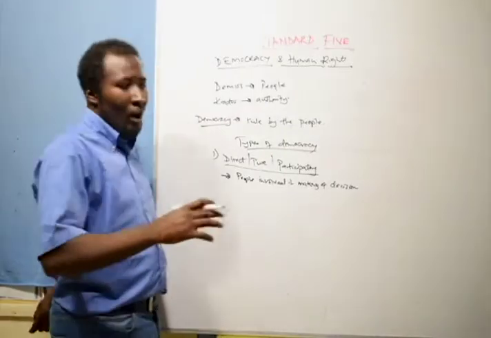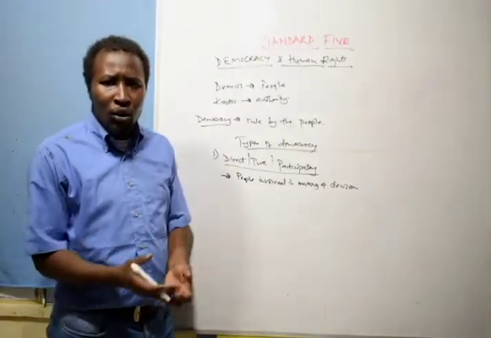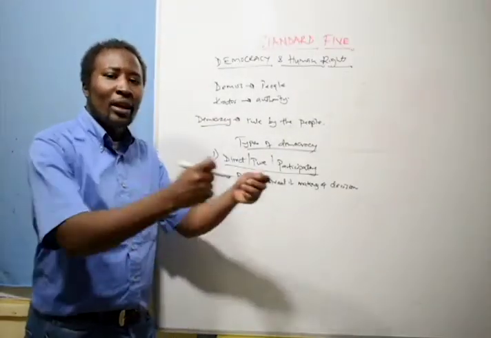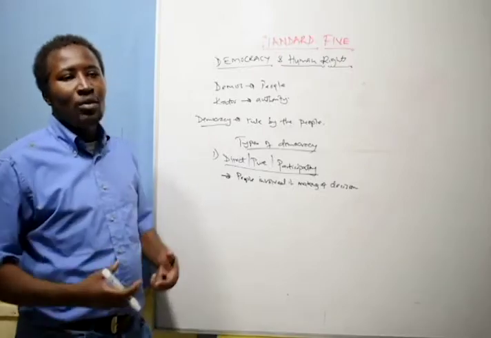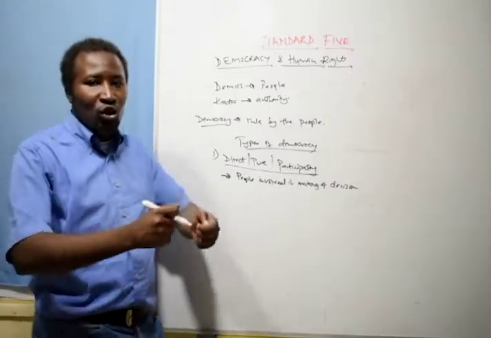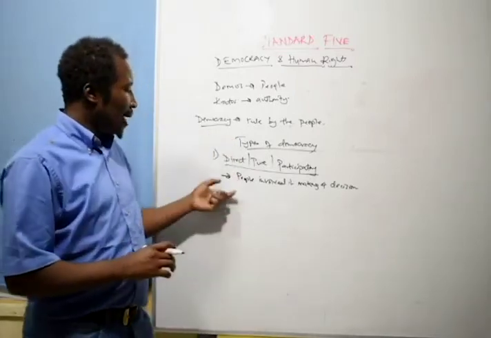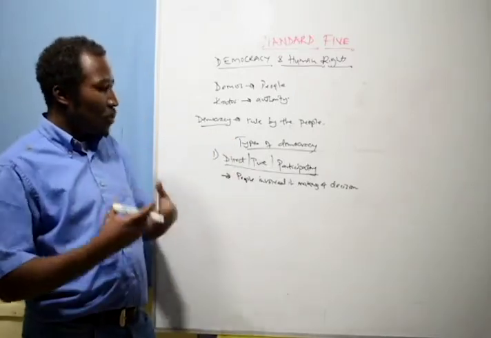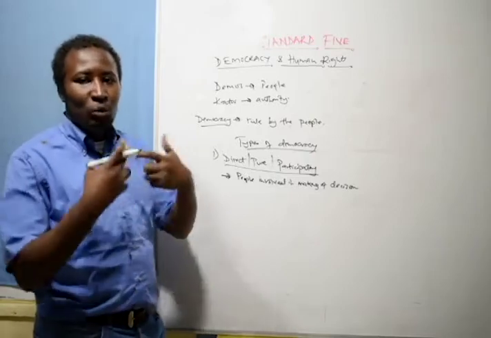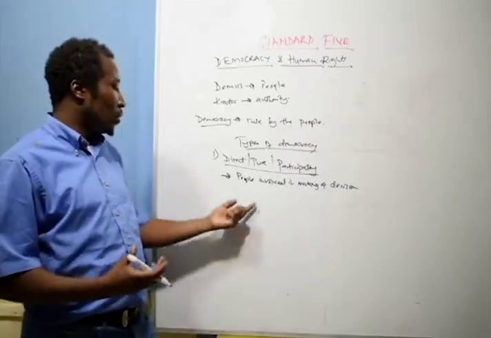This is why when you go to vote for your member of parliament, you're involved in making that decision of making him be one of your leaders. So that is direct or pure or participatory, because you're participating in the decision-making process.